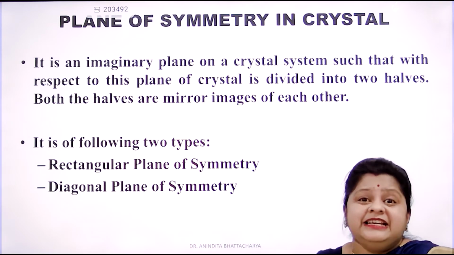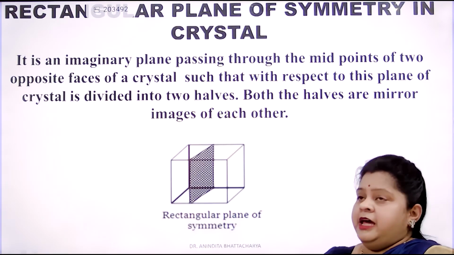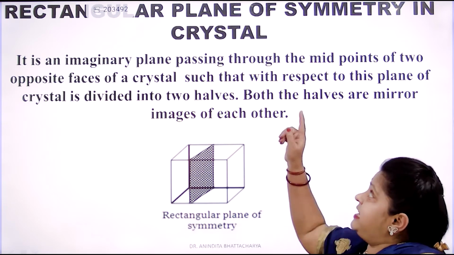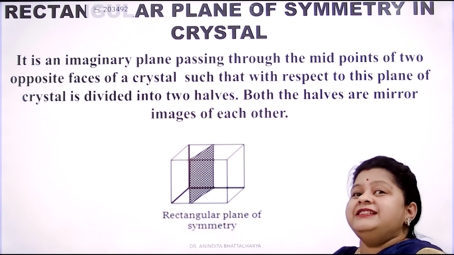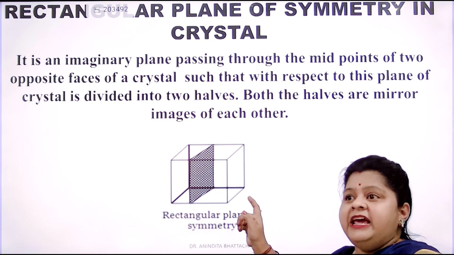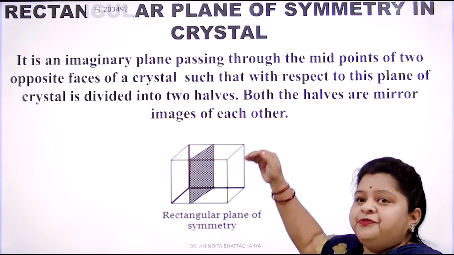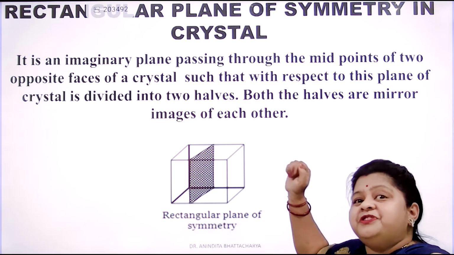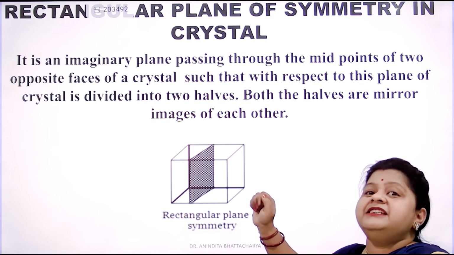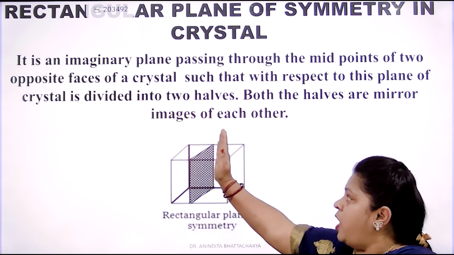Now, what are these? This is the rectangular plane. It is an imaginary plane passing through the midpoints of the opposite faces of the crystal, dividing it into two halves.